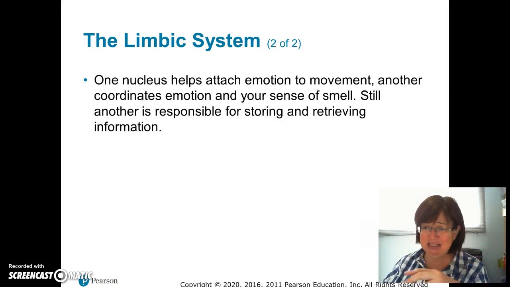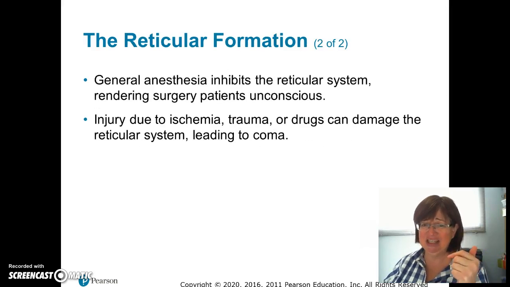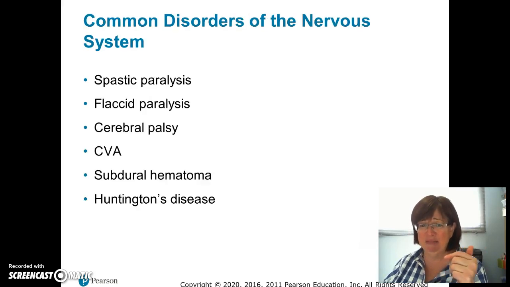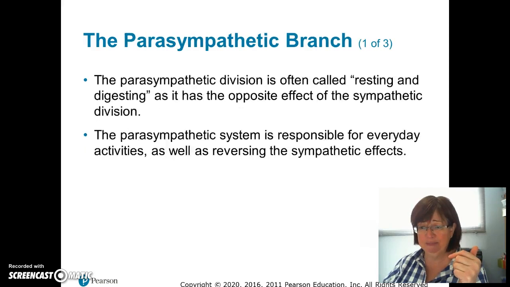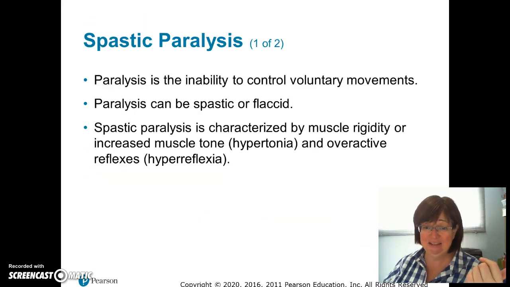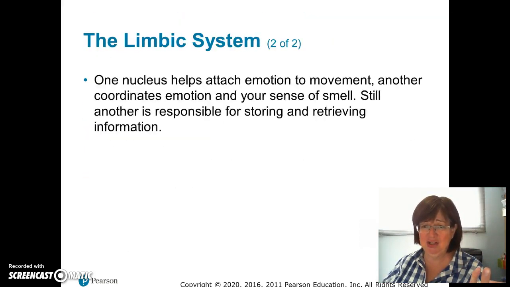It has all sorts of bits inside of it called the reticular system, and anesthesia inhibits the reticular system. So there's the limbic system, basically emotion. That's all you need to know.